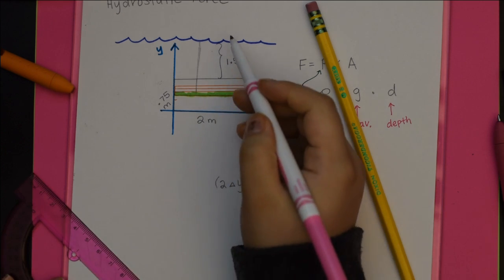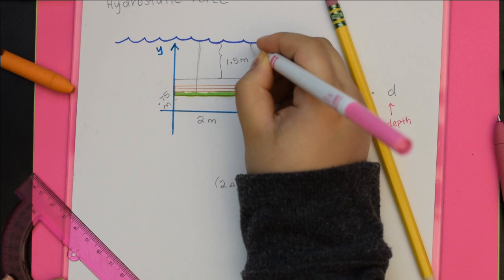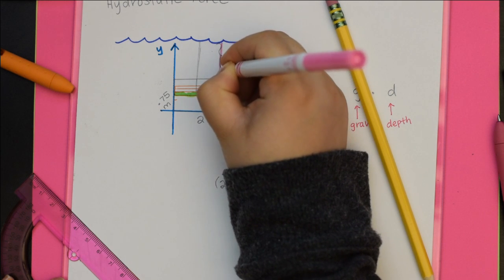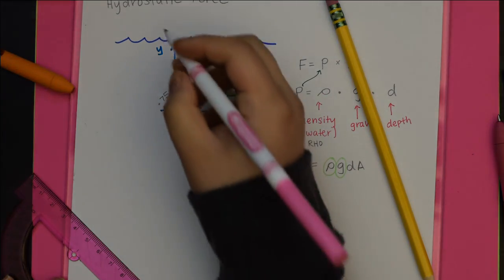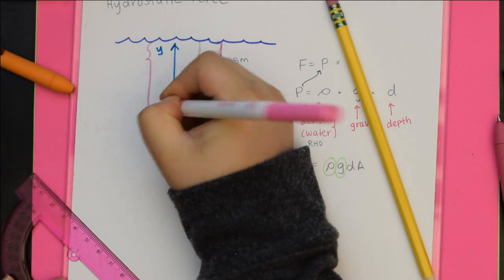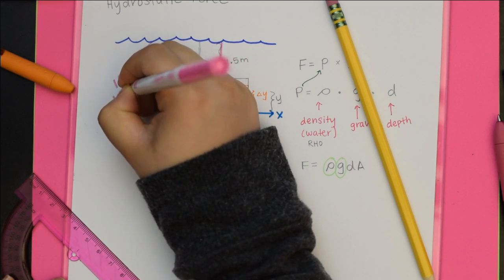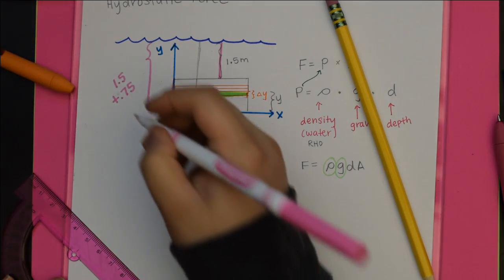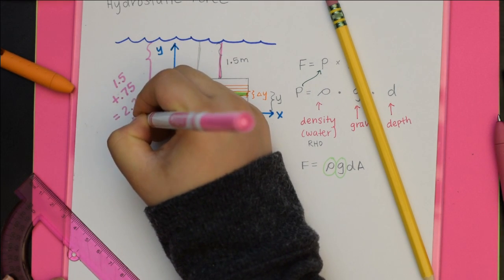One thing is, it's 1.5 to the top, so this part's 1.5, and then the side is 0.75. So the total is 1.5 plus 0.75, which is 2.25 meters.